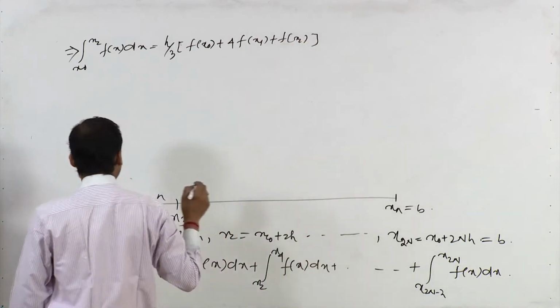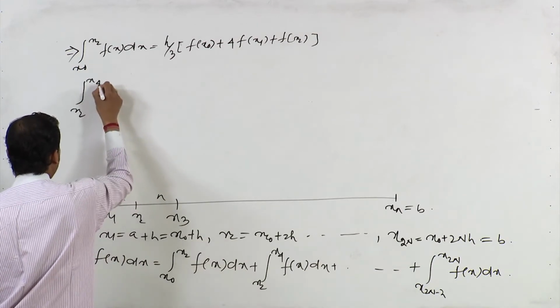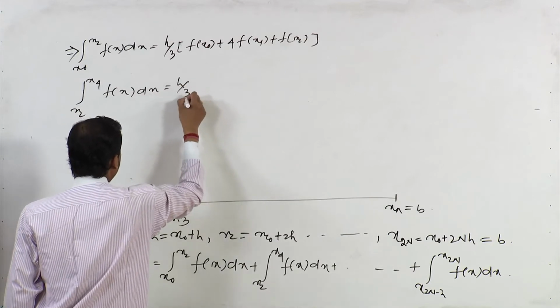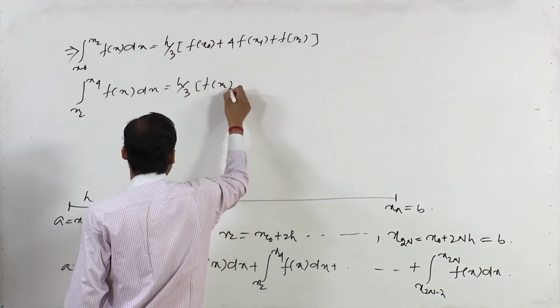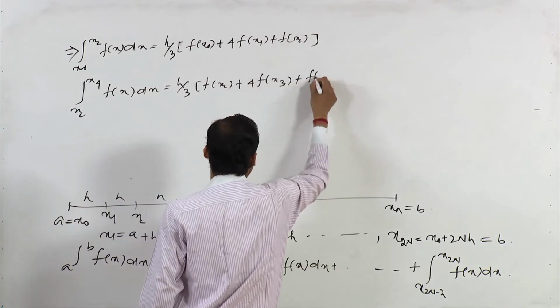Similarly, in the second interval, the integral from x2 to x4 of f of x dx can be written as h/3 [f of x2 plus 4 f of x3 plus f of x4].